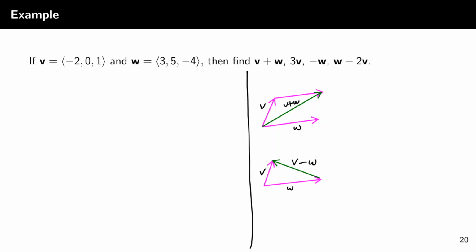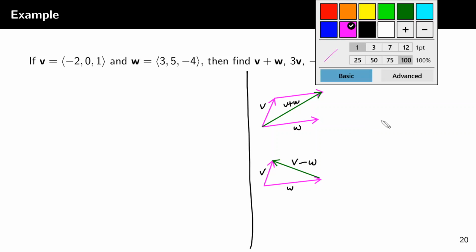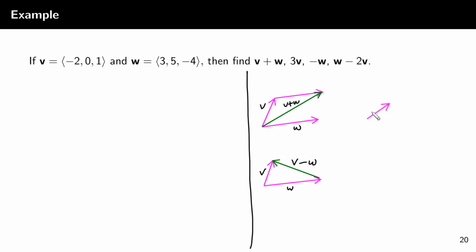Now, for scalar multiplication, it depends on whether C is positive or negative. So, ito yung V. And if the scalar is positive 2, for example, then dodoble yung magnitude ng vector natin.